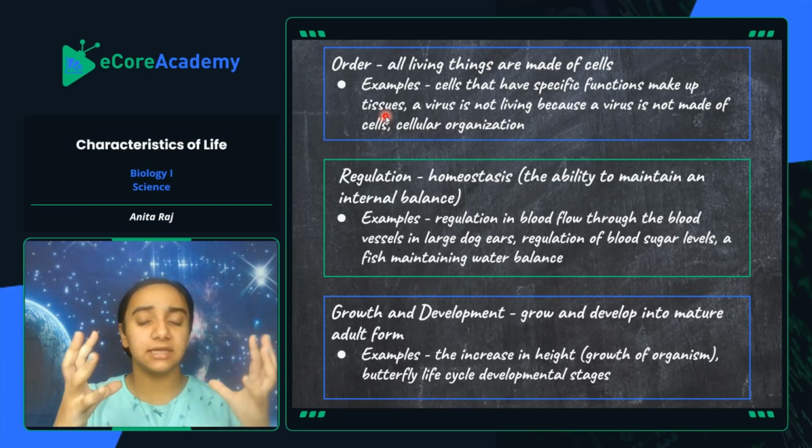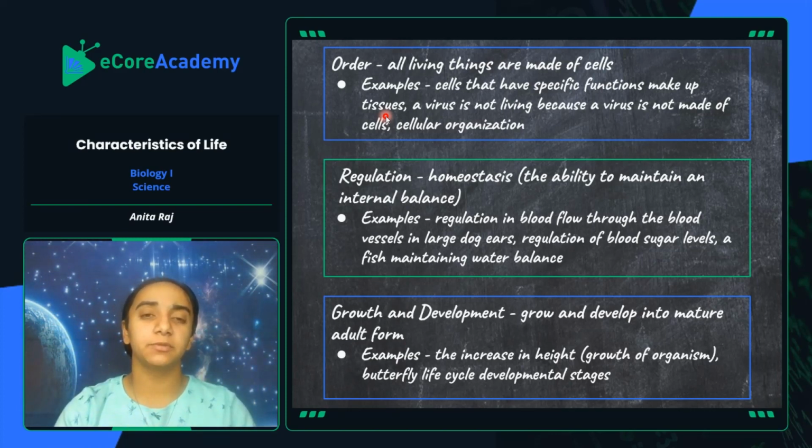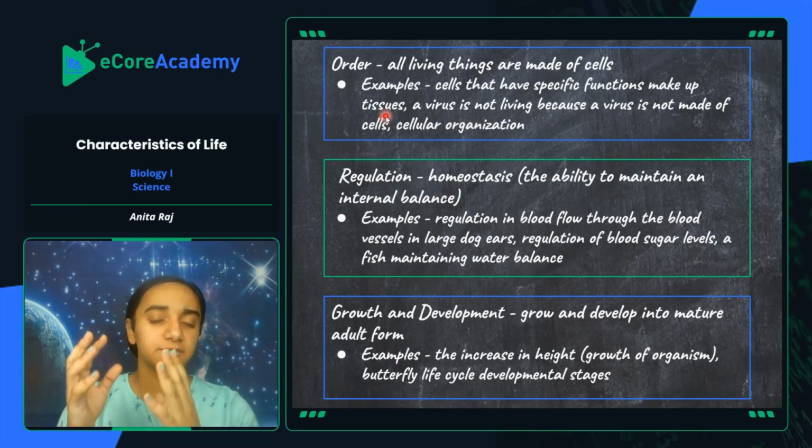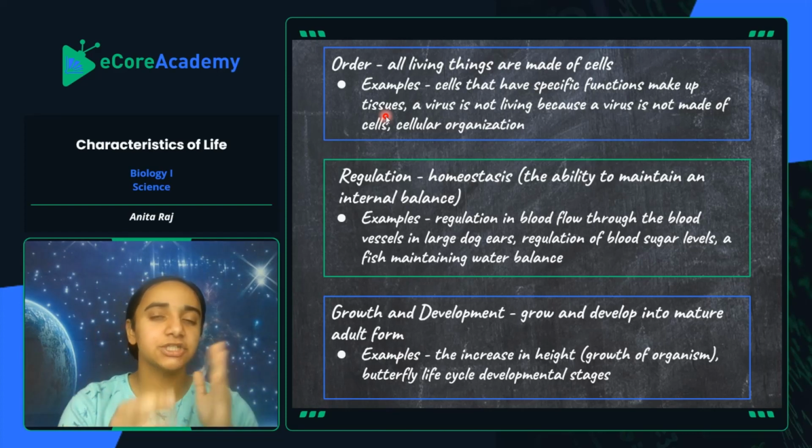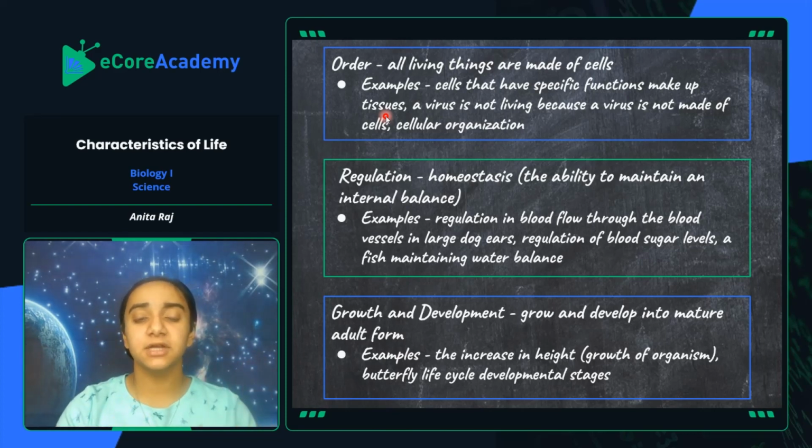That's just the law of equilibrium. Things flow from areas of high concentration to low concentration. They just want to fill up space. So I'm trying to use this as an analogy to the ability to maintain internal balance.